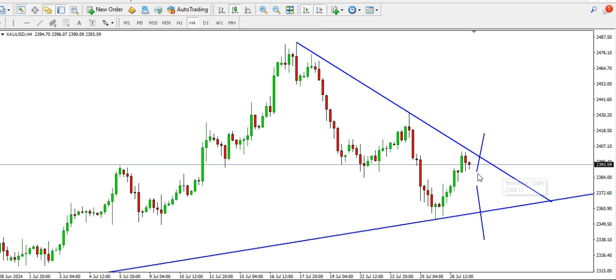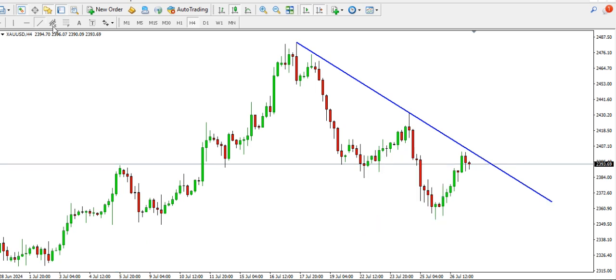Of course, if it breaks to the upside, this might give us an inverted head and shoulders.